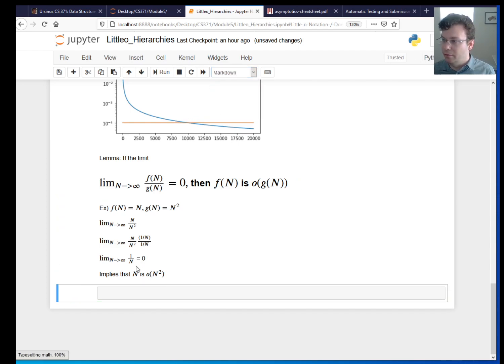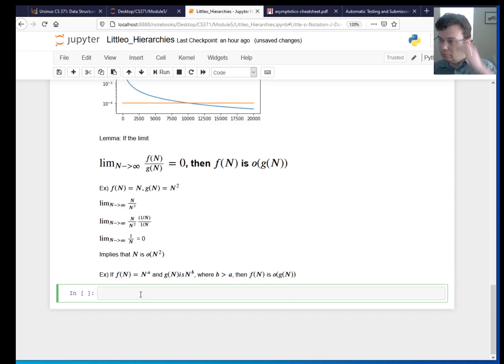A more general statement we can make is that if f(n) is n to the a power and g(n) is n to the b power, where b is strictly greater than a, then f(n) is little o of g(n). You can prove this using very similar techniques.